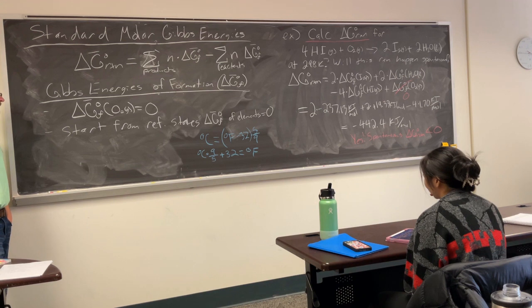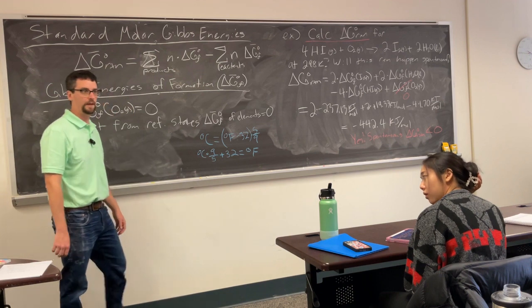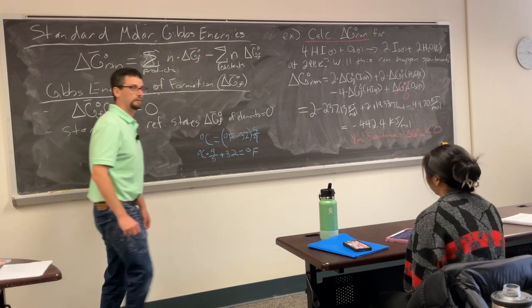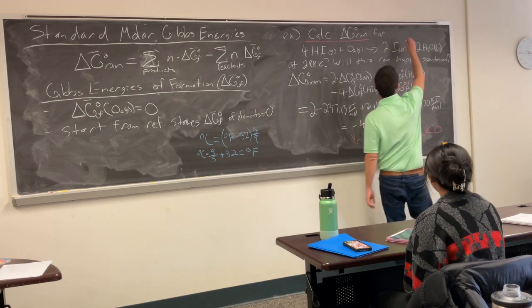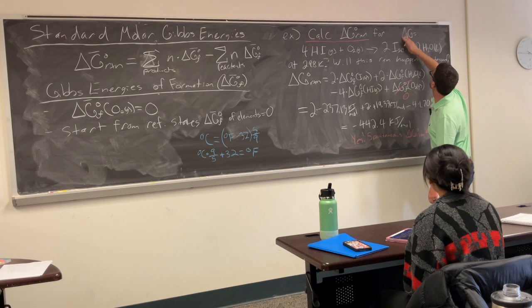The other thing is if you want to look at it in terms of living creatures, are living creatures at 77 degrees Fahrenheit? No, so everything biologically related is out the window if we want to look at it this way. What do we know about delta G? How's it defined?